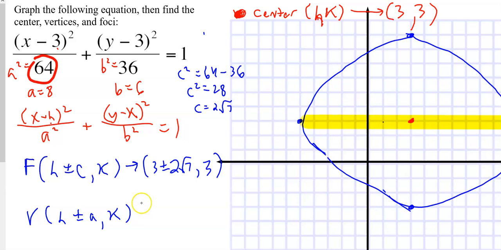And then this one would be 3 plus or minus a, which is 8, comma k is 3. So 3 plus 8 is 11. That's that point way on the right. This one's the other vertex. It's 3 minus 8, which is negative 5, so negative 5, comma 3. And so I've got those points. 2 square root of 7 is approximately 5 point something.